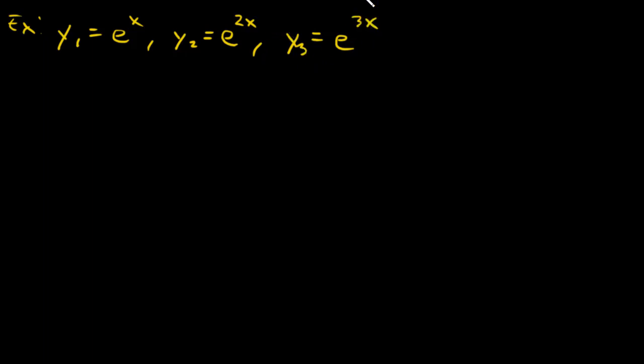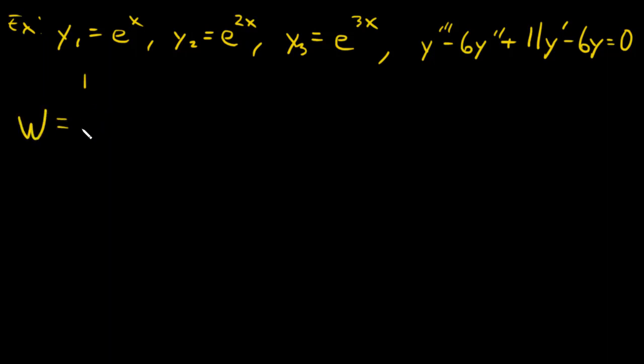Let's say they're solutions of y triple prime minus 6y double prime plus 11y prime minus 6y equals 0. Alrighty? So, are they linearly independent? They may not look like it at first glance, but there's no way I can form e to the 2x or e to the 3x using e to the x. It can't happen. So, I suspect the Wronskian should work out to not equal 0.